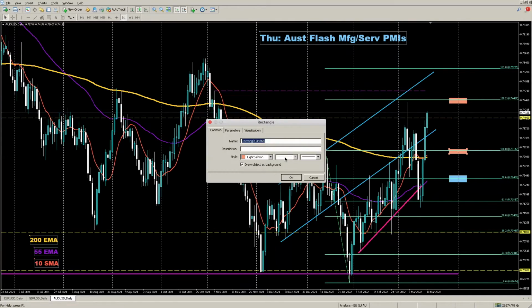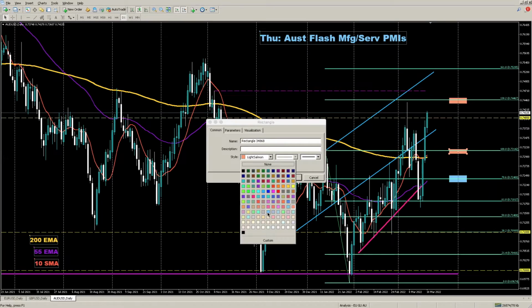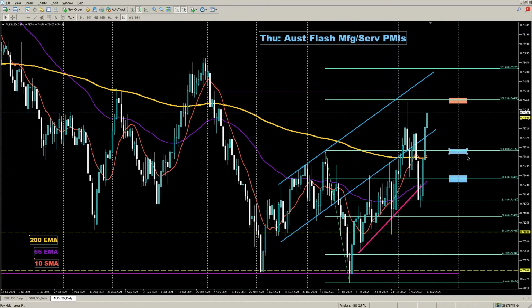So this is also a support now. Okay, a strong bullish move on Wednesday and Thursday at the expense of the US dollar.